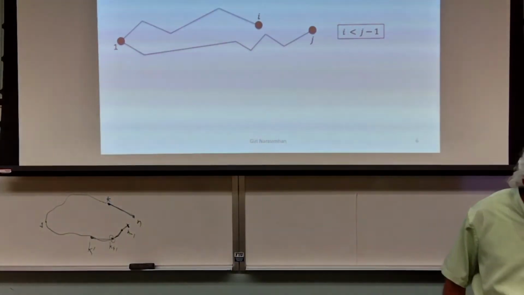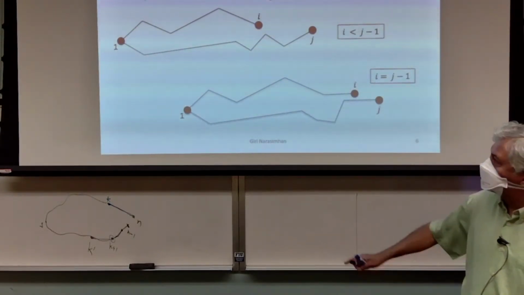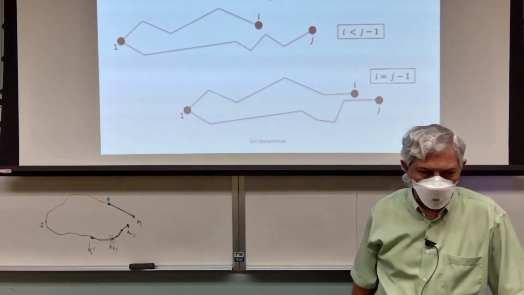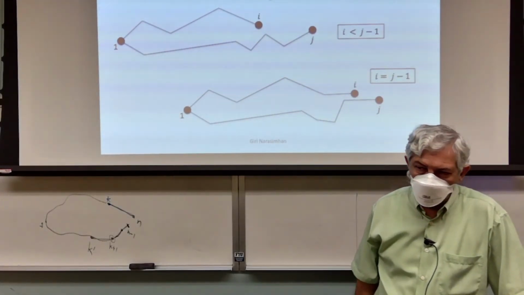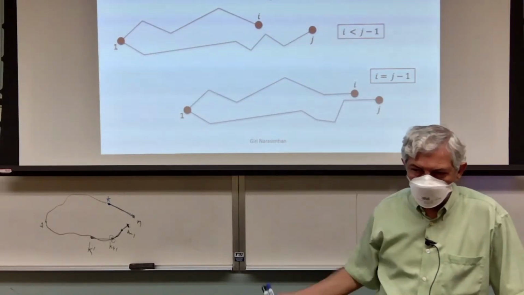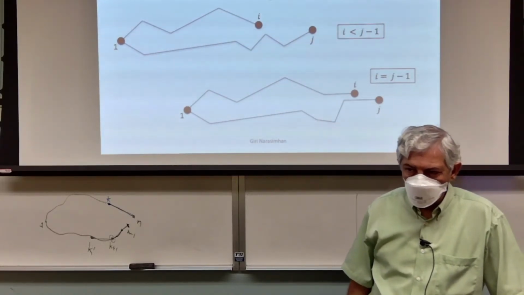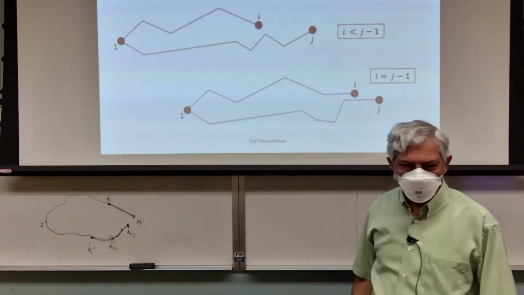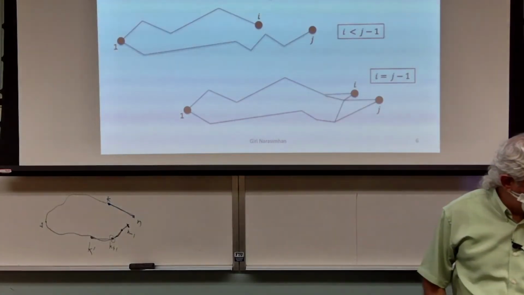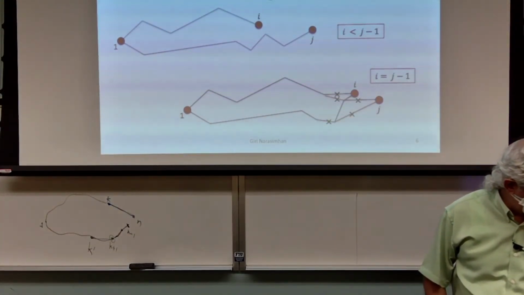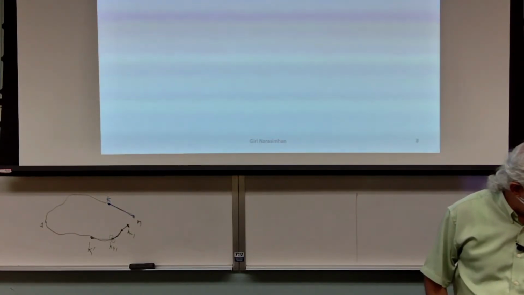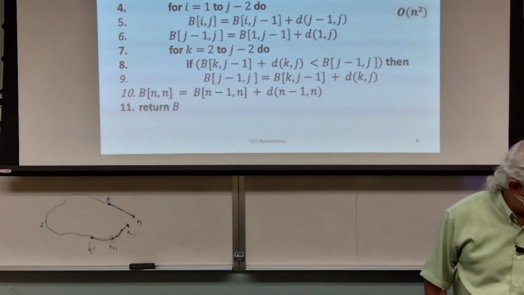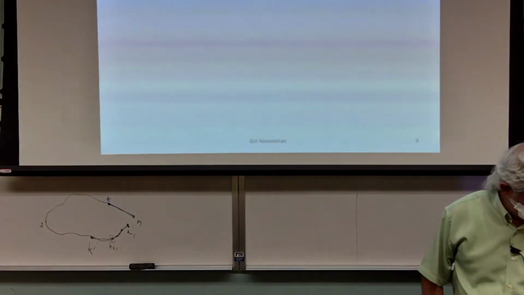That comes from a second recurrence that says it's going to be one of the different possible values of k, which is anything between 1 and j. We have to figure out which one gives us the best answer. Those are the two cases you get. This is essentially your solution, and from here you can write the code that achieves this. This is the pseudo code that achieves this. Okay? That's the rough idea.